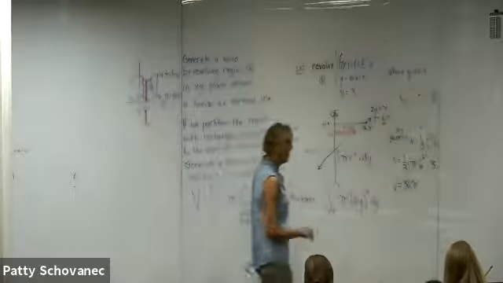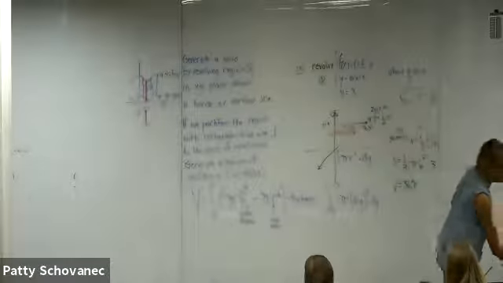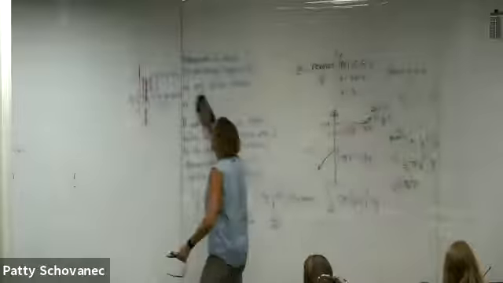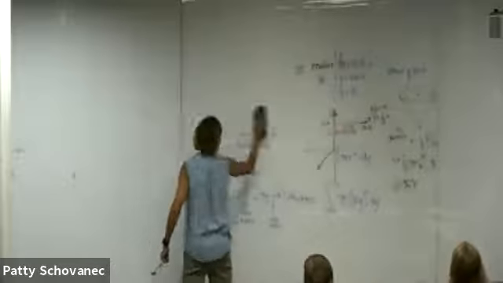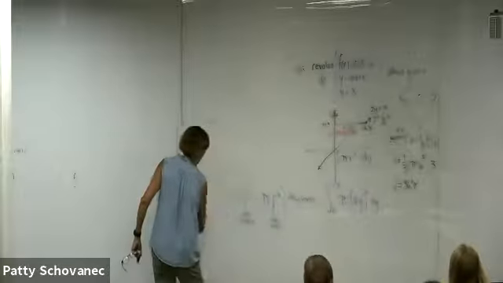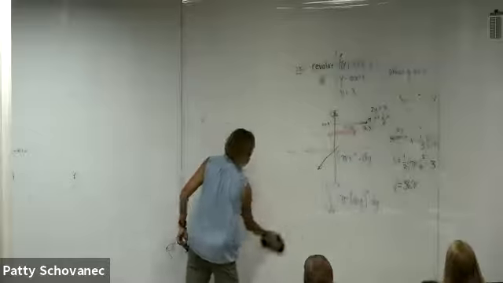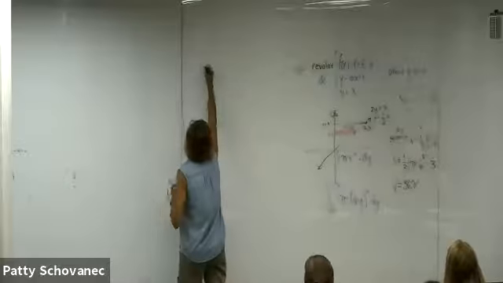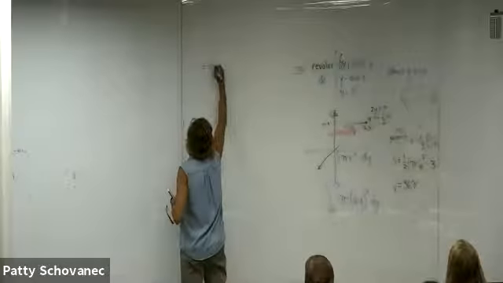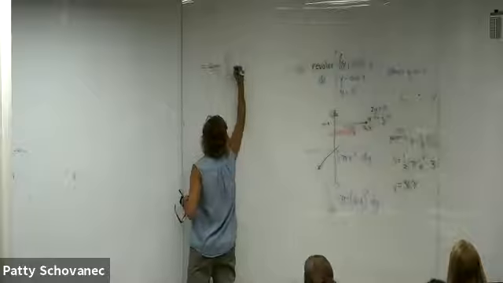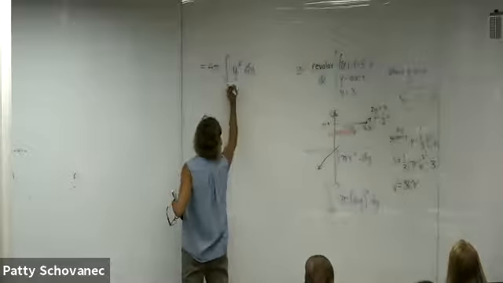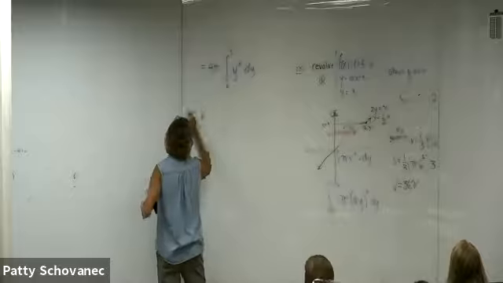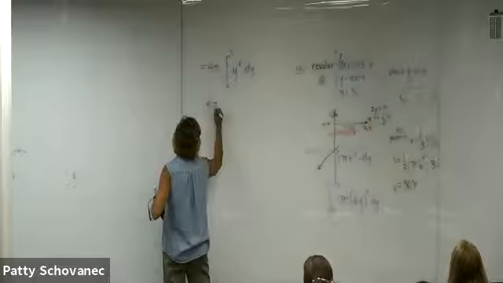So we'll have 4 pi times the integral of y squared. You said 0 to 3. And so we have to evaluate the antiderivative.